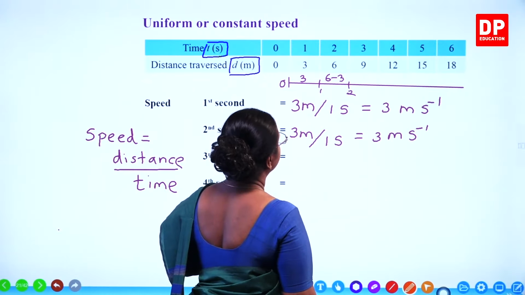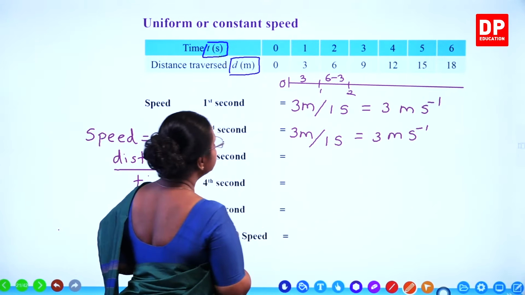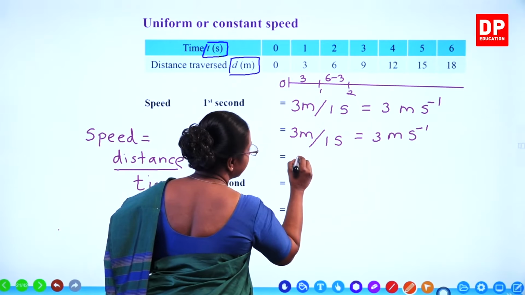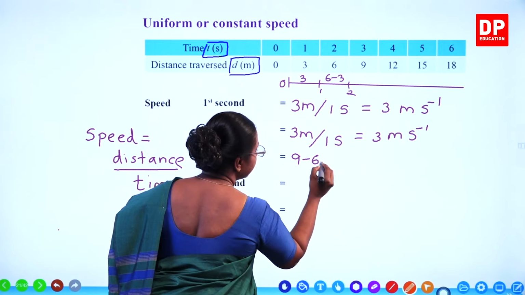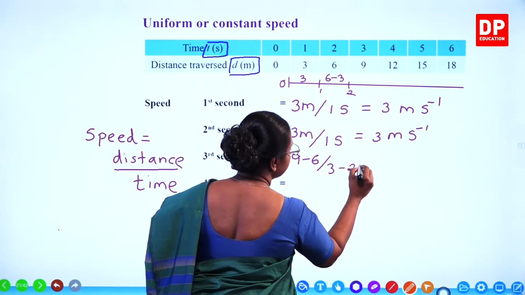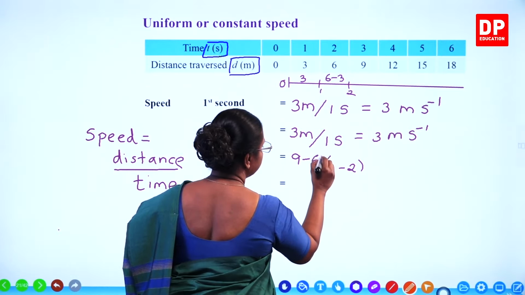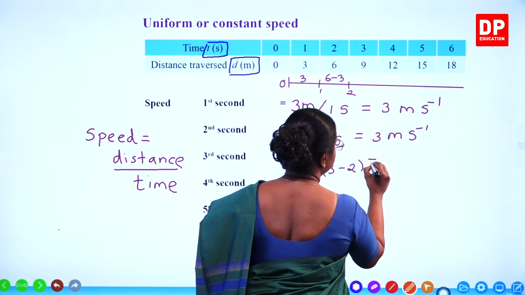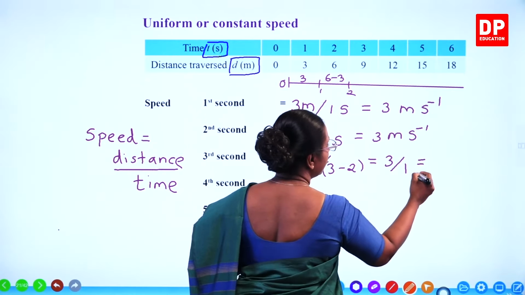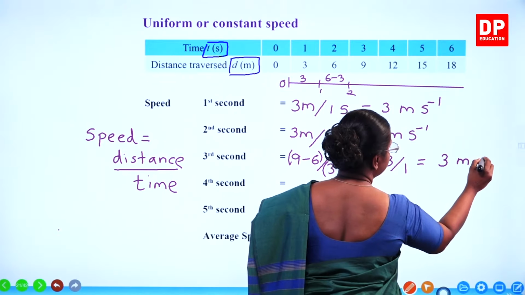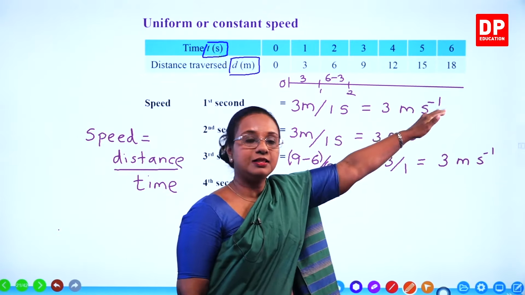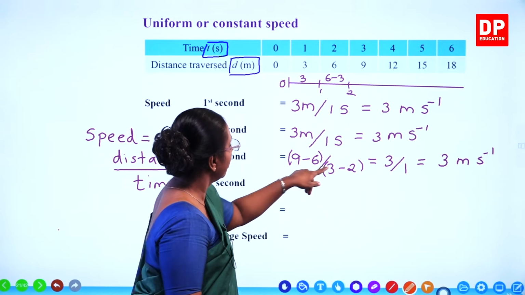During the third second, if you are to write the change in the equation itself, you can write it as 9 minus 6 divided by 3 minus 2. That is your time. 9 minus 6, 3 minus 2, that again will be equal to 3 over 1, 3 meters per second.